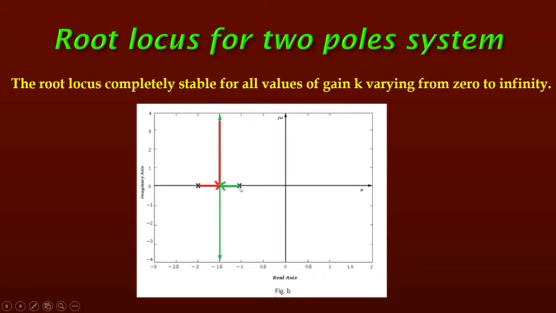The root locus starts from these two open loop poles, meets at a point, and moves to infinity along the asymptote. Therefore, the two pole system, or second order system, is also completely stable for all values of gain k from 0 to infinity.